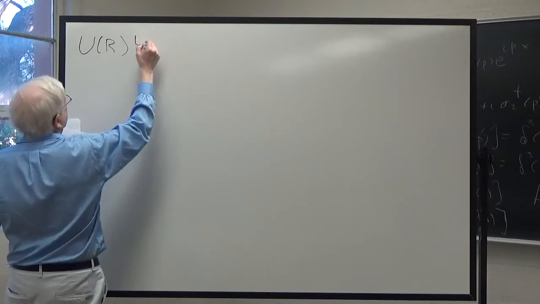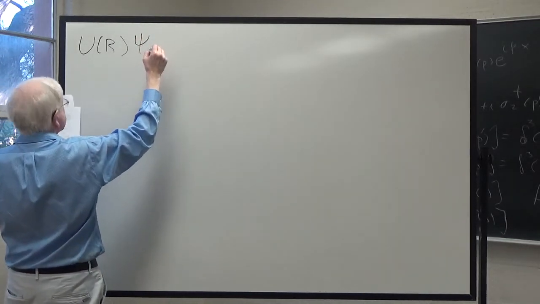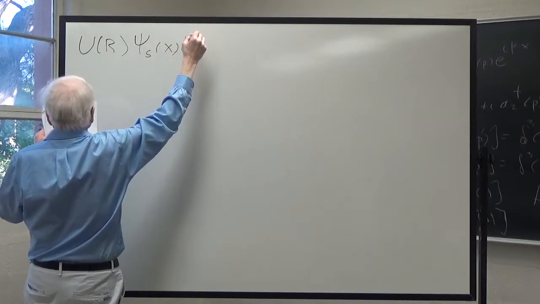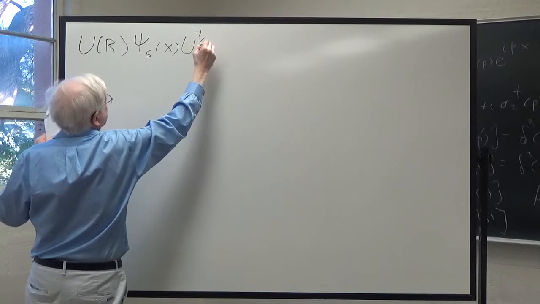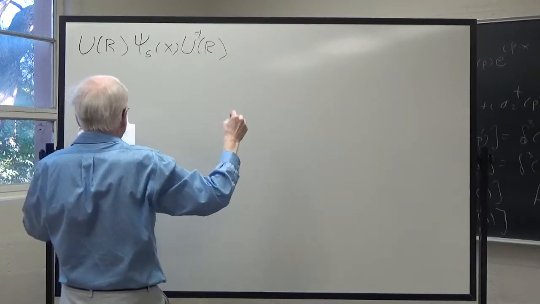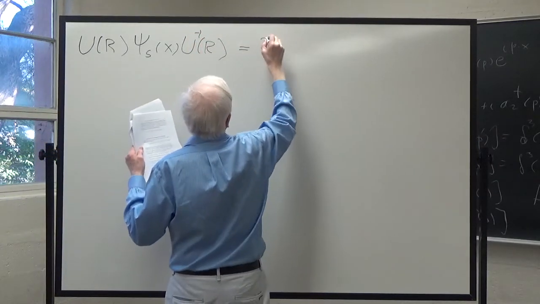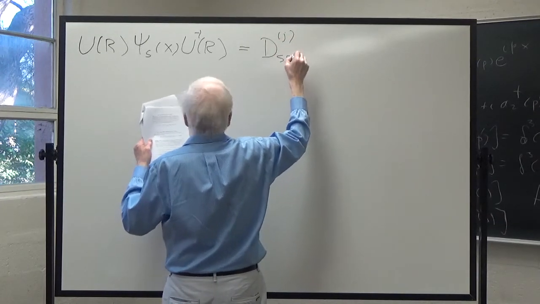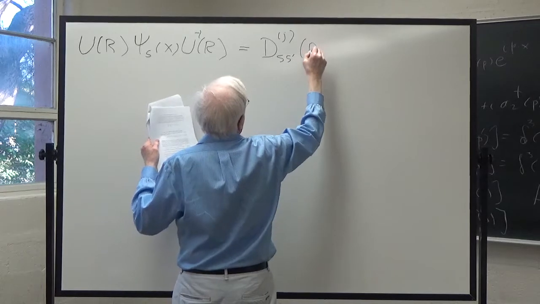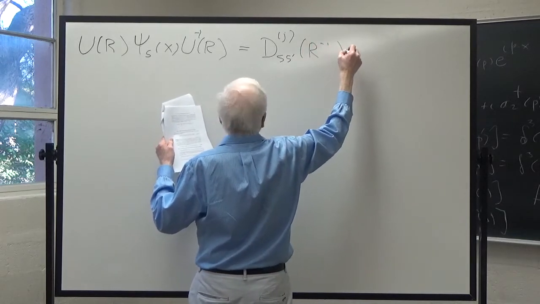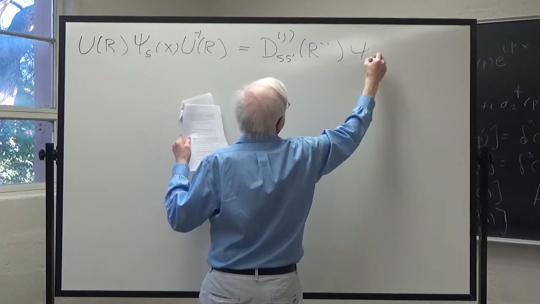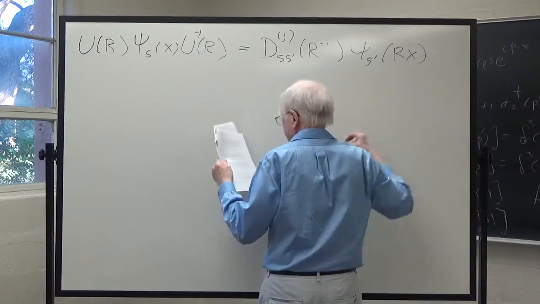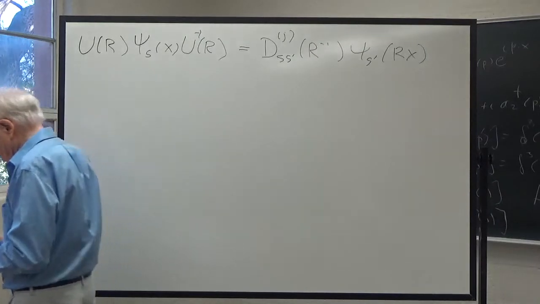So U of R, psi sub s of x, U inverse of R. This is just rotations. And this will be D^j_{s s'} of R inverse, psi s' of R x. So that's how fields transform under rotations.